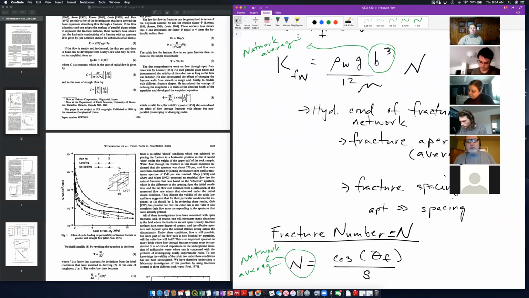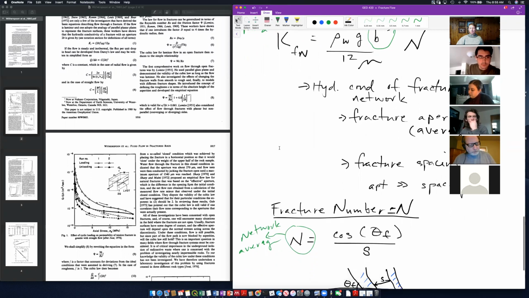All right, so here is the rub. Because we have to move to these sort of network averages, we can't predict the response of a single fracture or understand where and when we're going to have fluid flow in a single fracture.